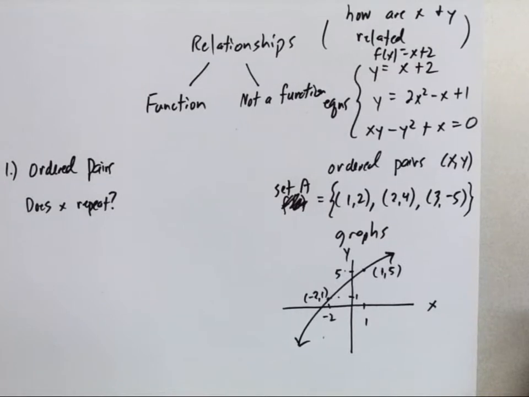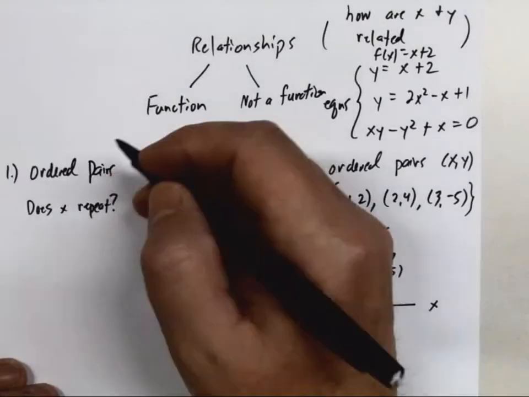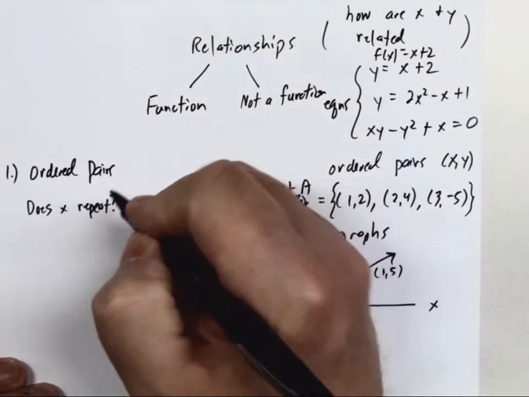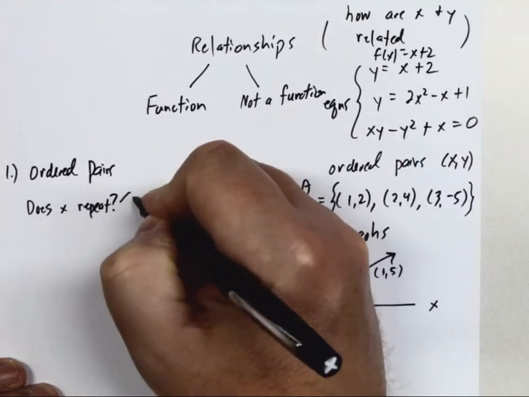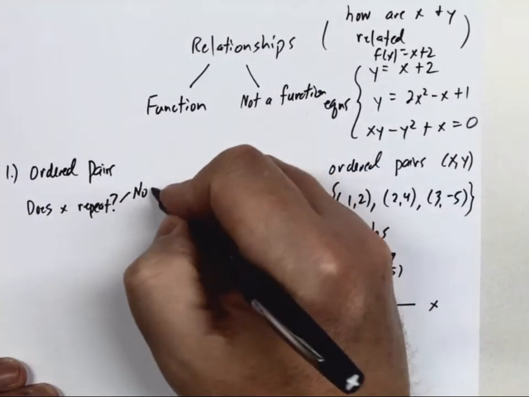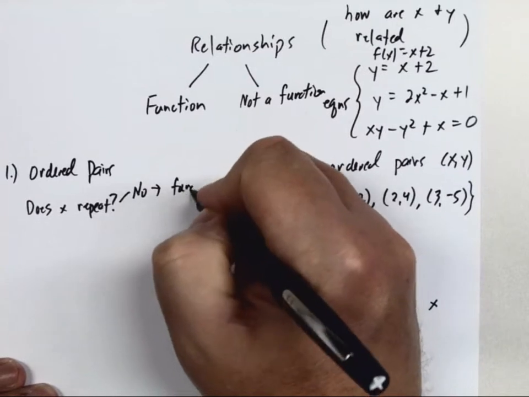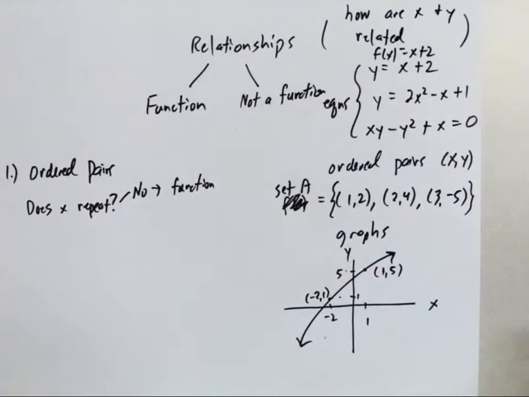You only look at the x's. And you ask yourself the question, does x ever repeat? Do you have two ordered pairs at least with the same value of x? Now if the answer is no, you actually have a function. So a function is where you have ordered pairs where the x's do not repeat. Every x is unique in a function.